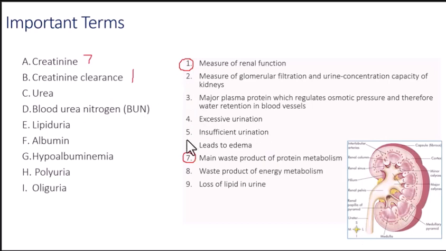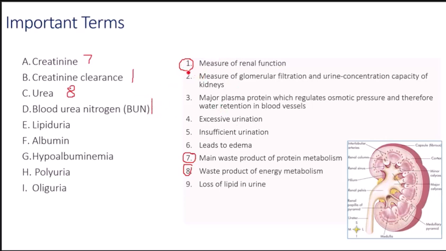Urea is number 8 here. Urea is a waste product of energy metabolism. Blood urea nitrogen, or BUN, is also a test that can be done to measure renal function.